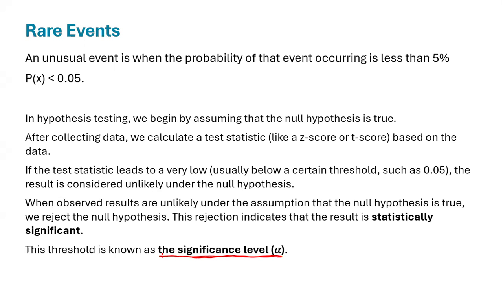Alpha, or the significance level, is the probability of making mistakes. If you remember, when we talked about the confidence interval, we were talking about the confidence level. We always had the confidence level of 90% or 95% or 99% because we wanted to be more confident about the result.